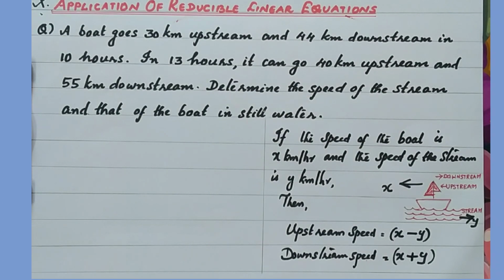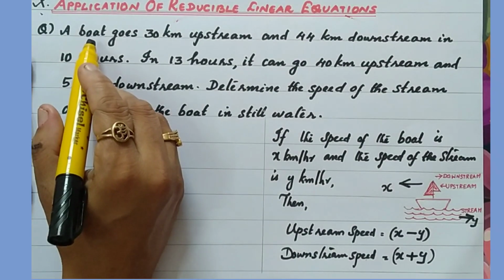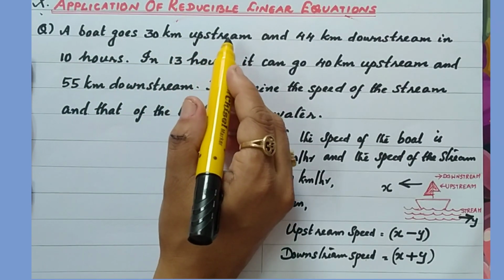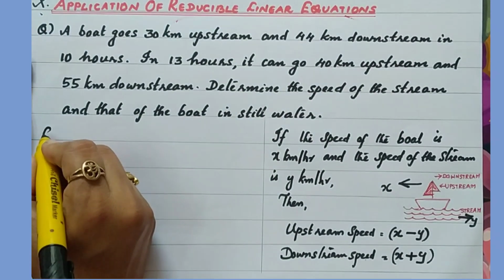Now we can read this question. A boat goes 30 km upstream. So, 2 cases are given here.